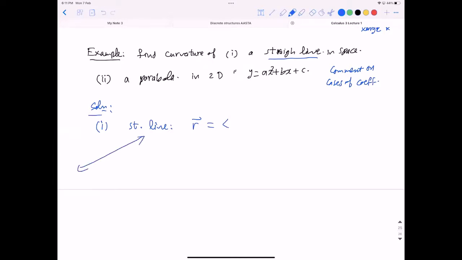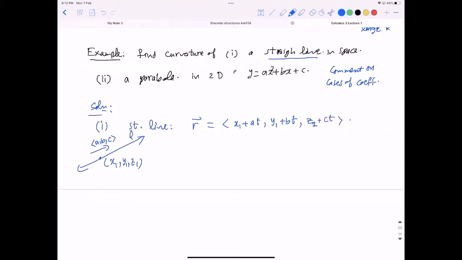We said last time that if a line passes through a point x1, y1, z1, and has a directional vector a, b, c, a vector along this line, then x equals x1 plus at, y equals y1 plus bt, and z equals z1 plus ct. You can separate them in 3 equations or write them in 1 vector equation. So vectors simplify our life, right? 3 equations at once in 1 line.